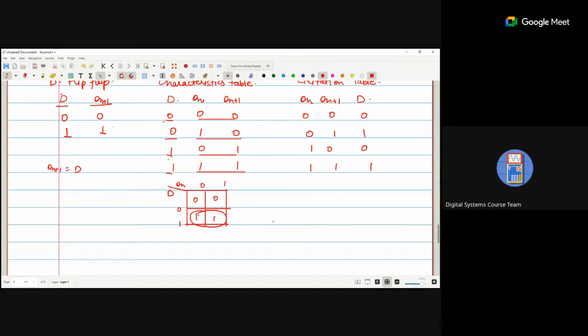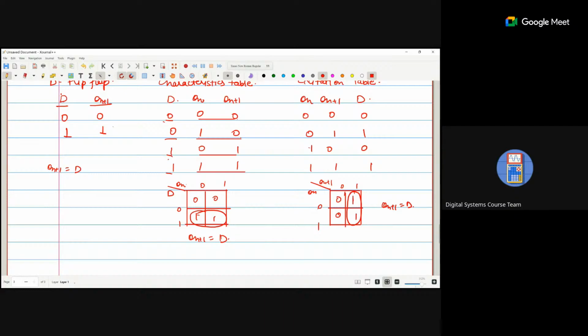Make a group, and Qn plus 1 becomes D. And for this one, I create a K-map between Qn and Qn plus 1: 0, 0, it is 0. 0, 1, it is 1. 1, 0, it is 0, and 1, 1, it is 1. Again create a group, so I can say Qn is equal to Qn plus 1.